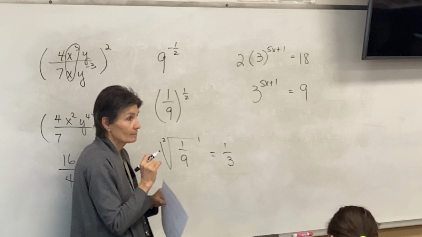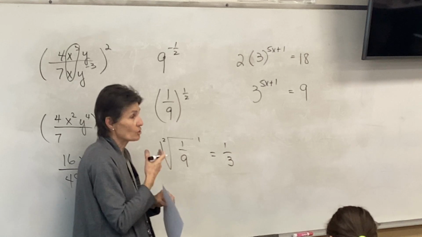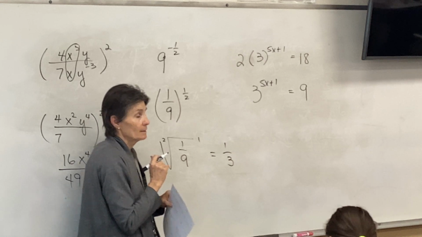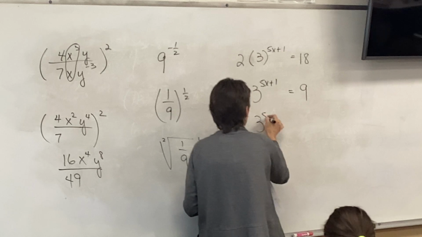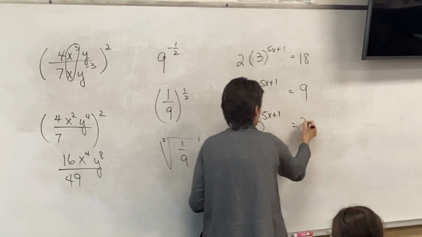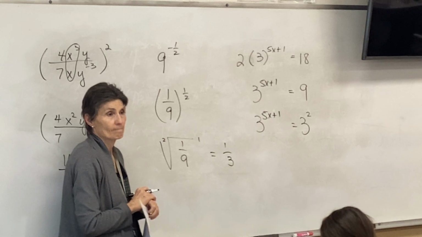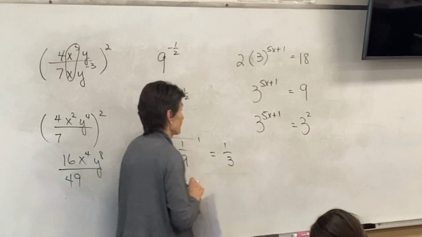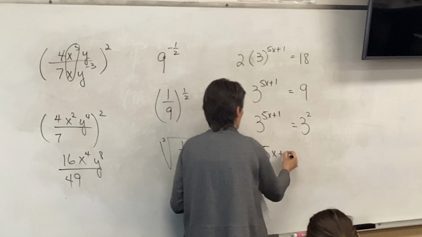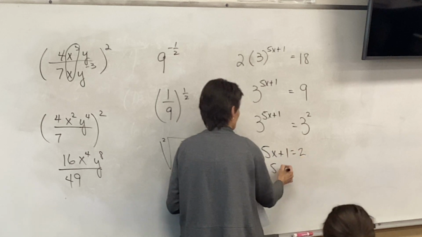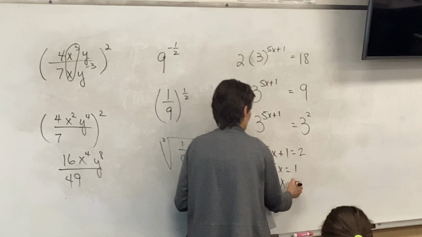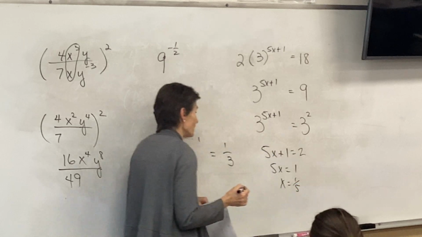What's 9? 3 squared? This is just like Jarius's problem. Now, so 3 to the 5x plus 1 equals 3 squared. So 5x plus 1 equals 2. I got 1/5.